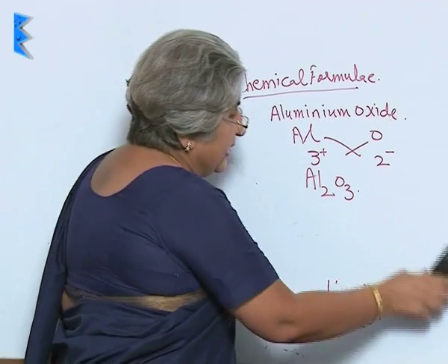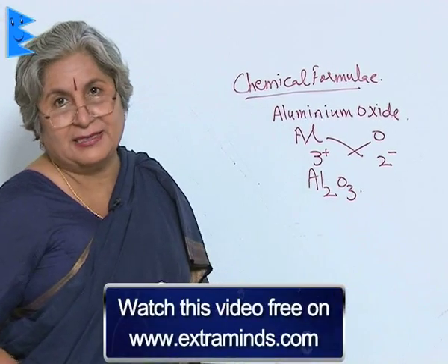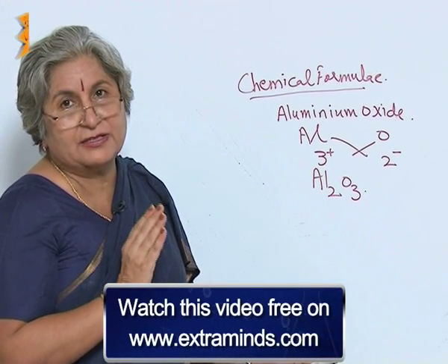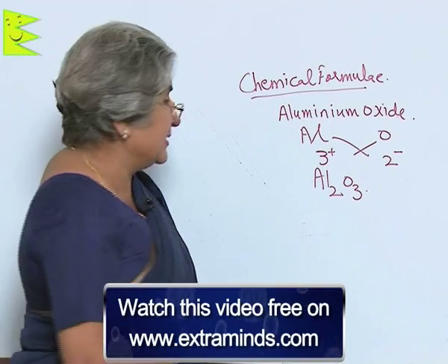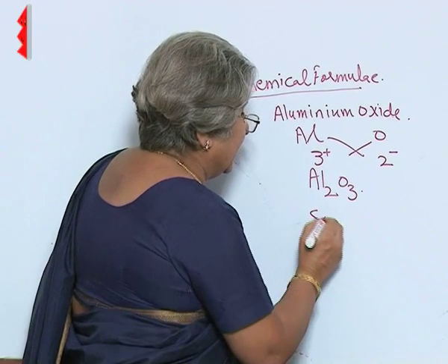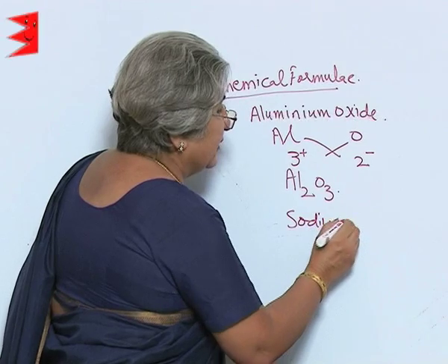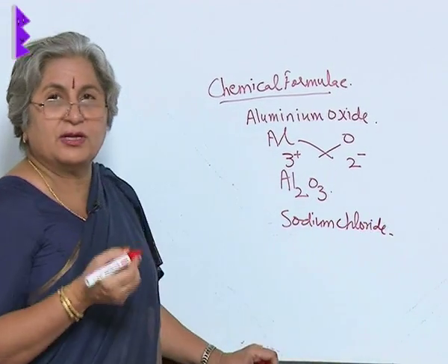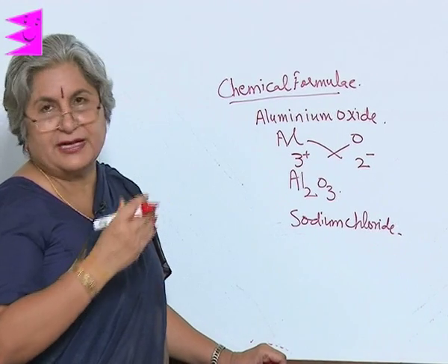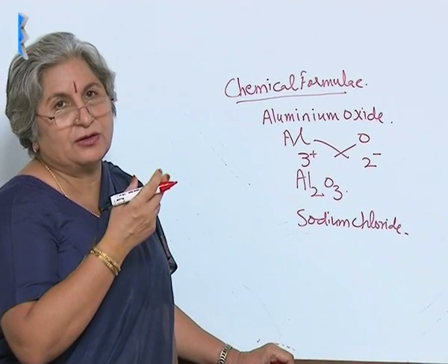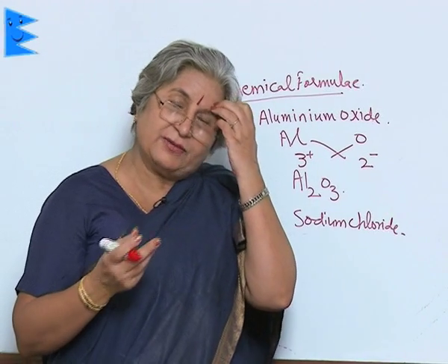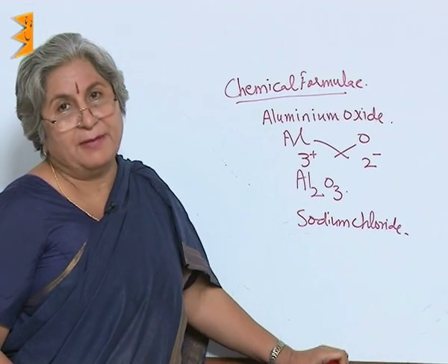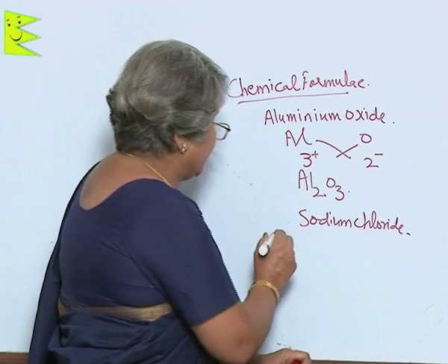For example, if a metal and non-metal have combined together, then the name of the compound will always start with the metal. For example, if it is sodium chloride, why do we say sodium chloride? Why can't we say chlorine sodium? Because we have set a method. Otherwise, somebody will say chlorine sodium, somebody will say sodium carbonate. So, the method is when the combination is of metal and non-metal, we first write the metal.